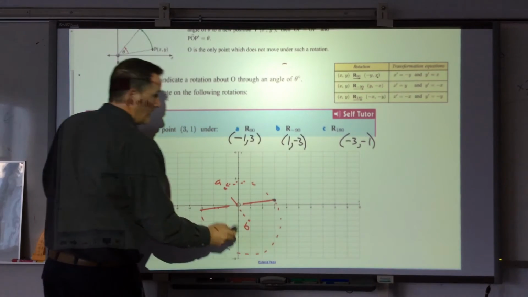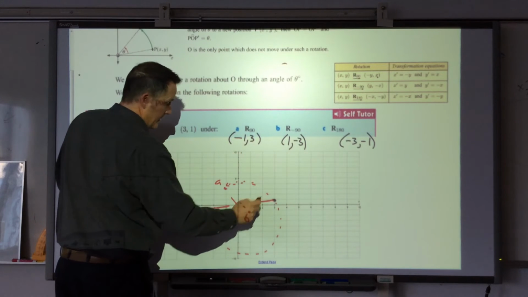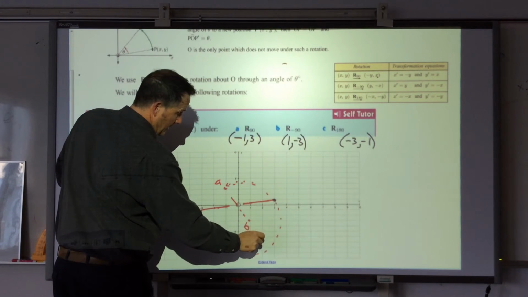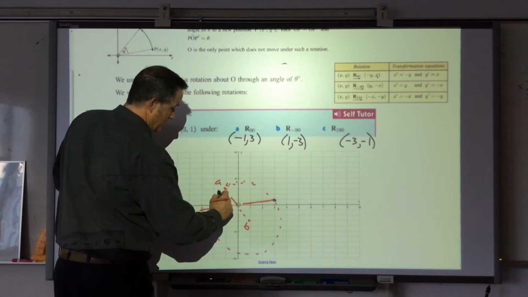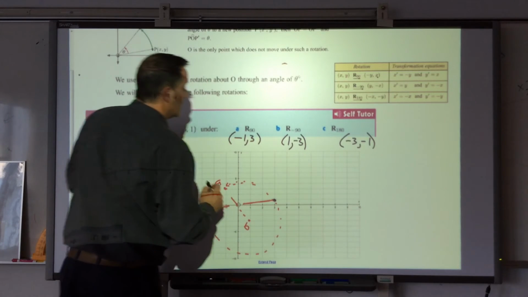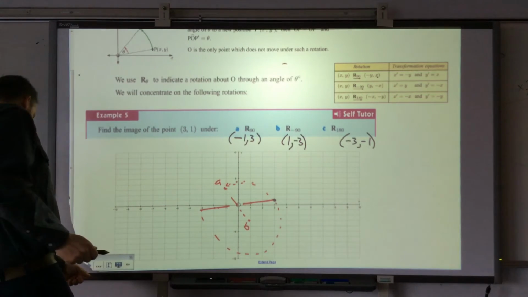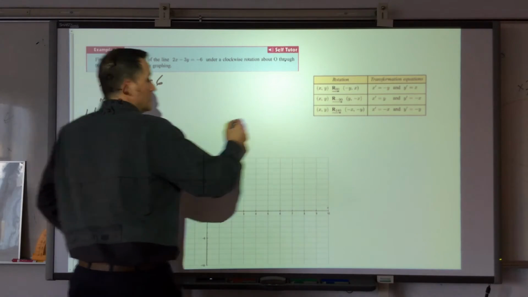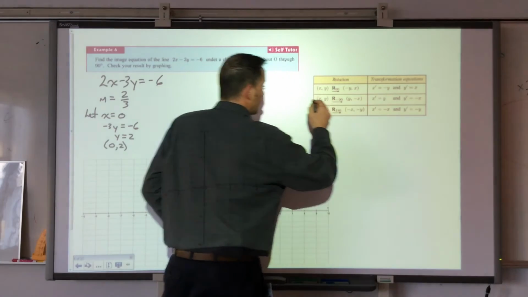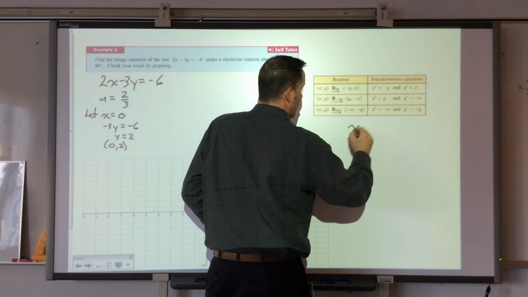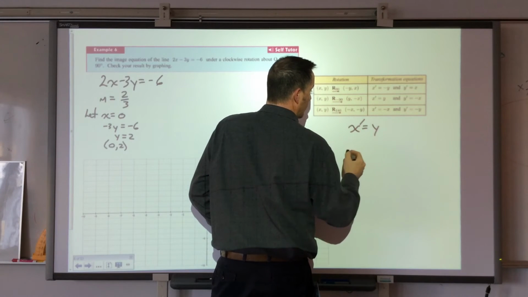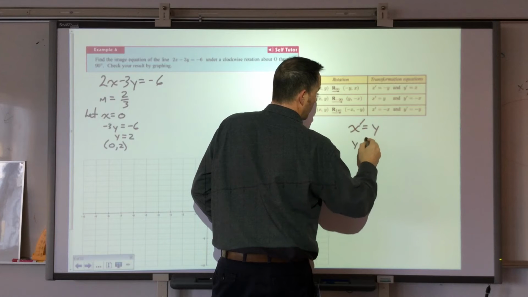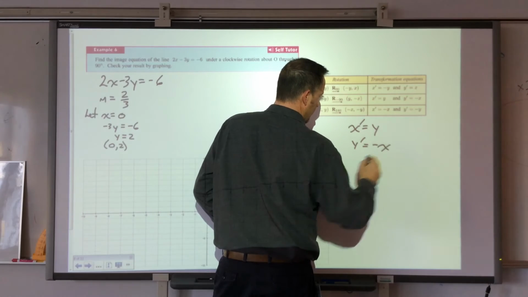Clockwise is this way, and when you look at this, going in a negative direction, to get this is a positive rotation. So we're going clockwise. We're doing R equals negative 90. So we're going to follow this path. So we've got x prime equals y. y prime equals negative x.